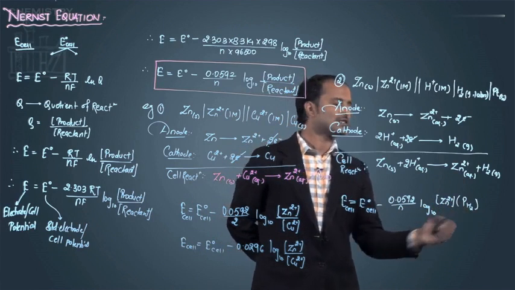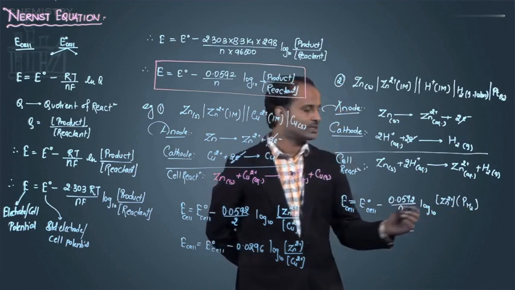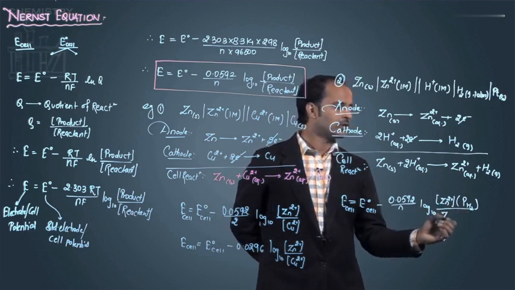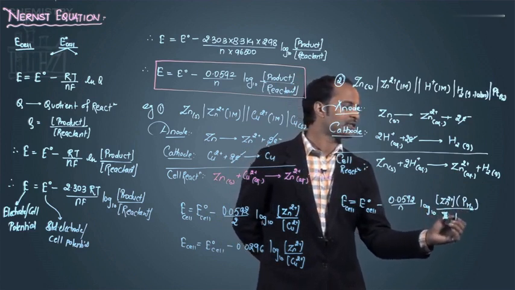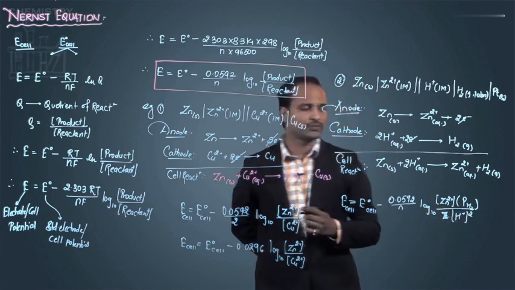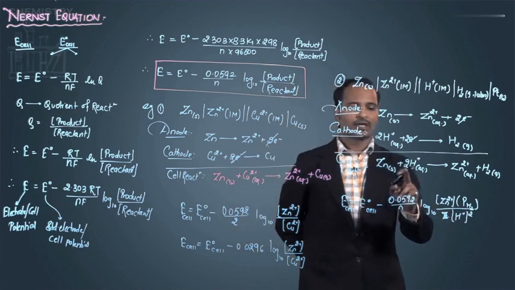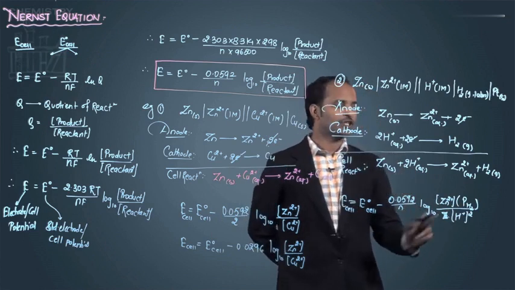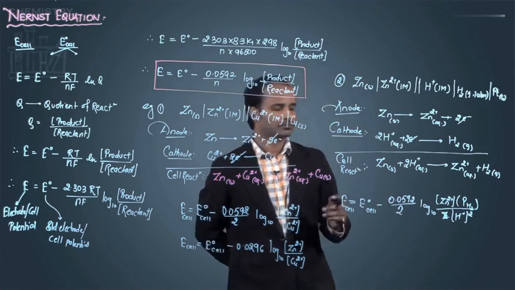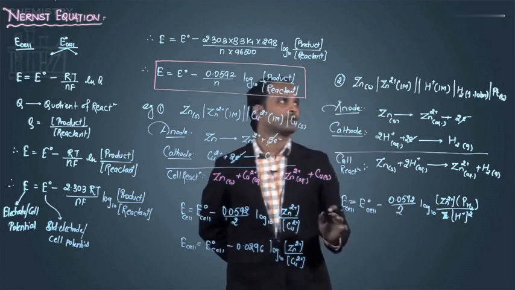As I said, if there is any gas, then its pressure is also considered. So both products will be considered upon the concentration of only H plus ion, and if there are any coefficients, then that coefficient is always raised to the power. Here H plus has a coefficient 2, so it will be H plus ion squared. And here the n value is 2. So this is for the second one.